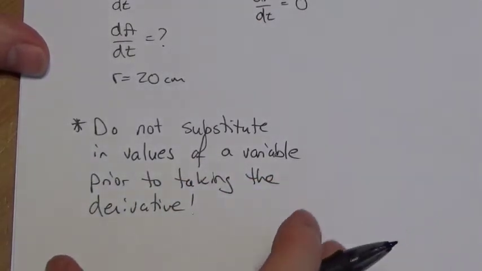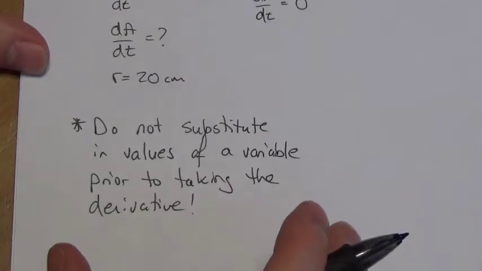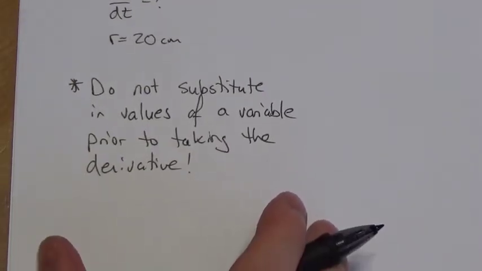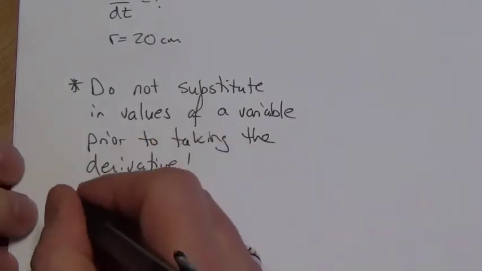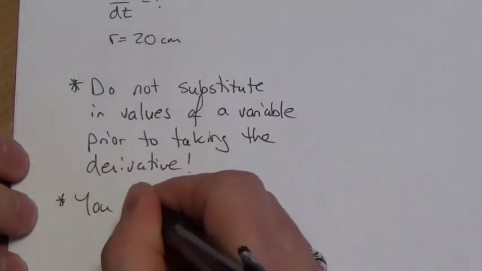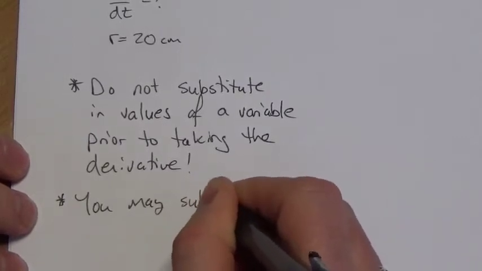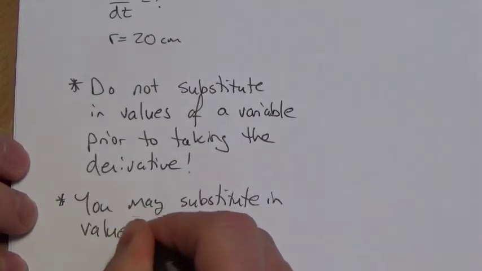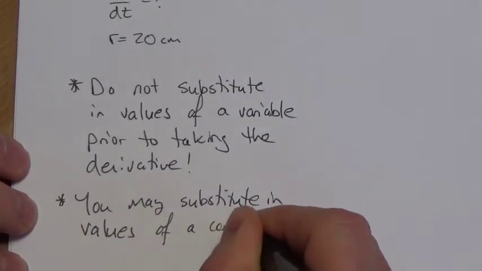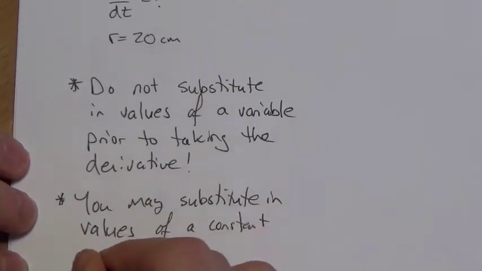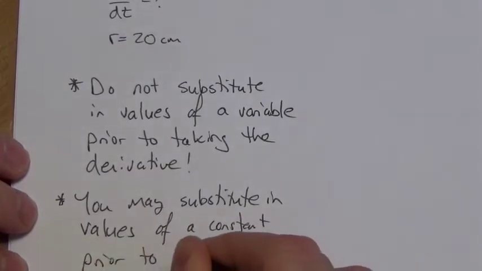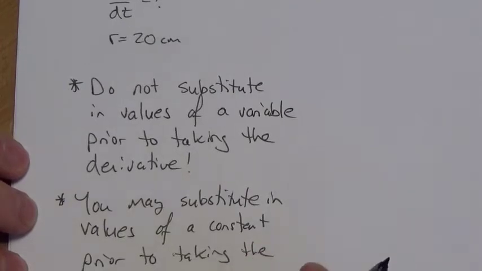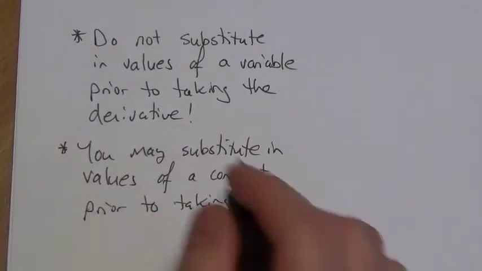Do not substitute in values of a variable prior to taking the derivative. Now, that being said, you may substitute in values of a constant prior to taking the derivative. And in fact, you should. And we will take a look at examples of both of these.